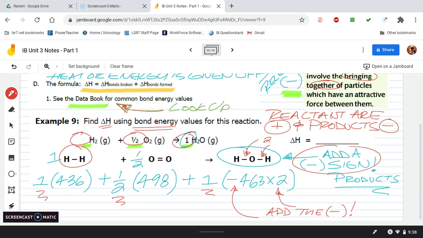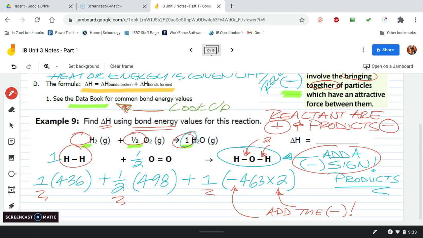We got the 1 times 436, and I'm going to add that to 0.5 times 498. I'm going to do that in parentheses. And then I'm going to add that to negative 463 times 2. Did that in parentheses as well. And so you're going to run the whole thing through, and you're going to get negative 200.